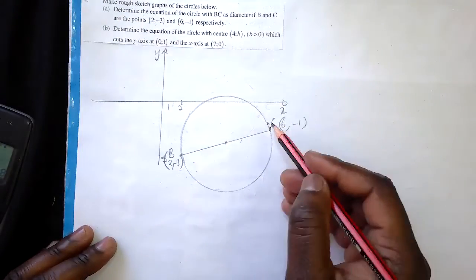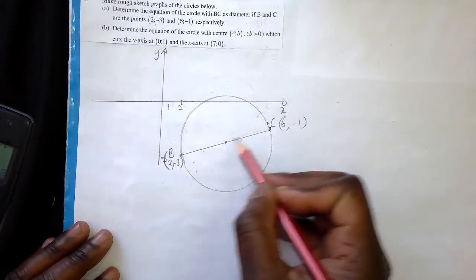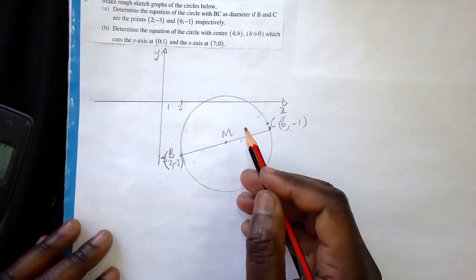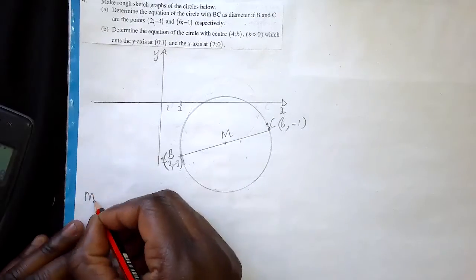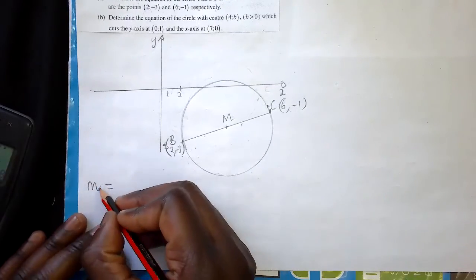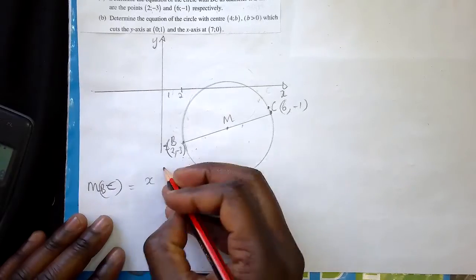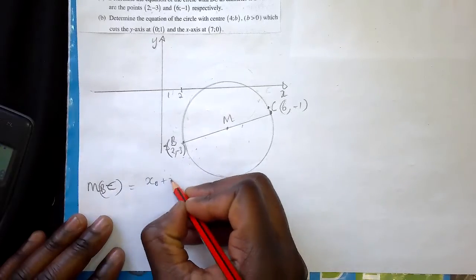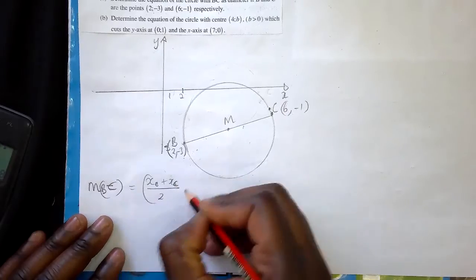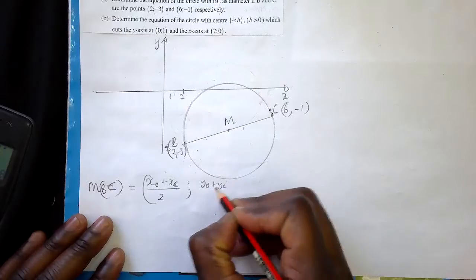What must we do first? We must have the coordinates of the center, which is our M, the midpoint. So how do you find M? M of BC is equal to (XB plus XC) over 2, comma, (YB plus YC) over 2.